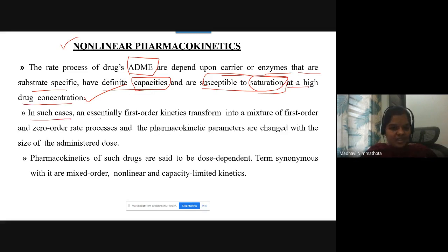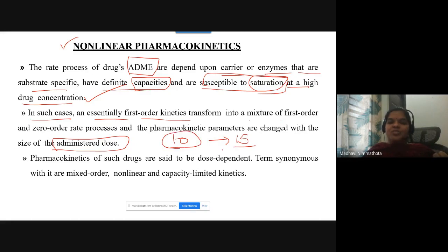In such cases, essentially first order kinetics will transform into a mixture of first order and zero order. Then the pharmacokinetic parameters of the drug will change because of the administered dose. Suppose you want to take 100 mg only, but you have taken 150 mg. It leads to a change in the pharmacokinetic parameters because of the transformation of first order kinetics to first order and zero order processes.